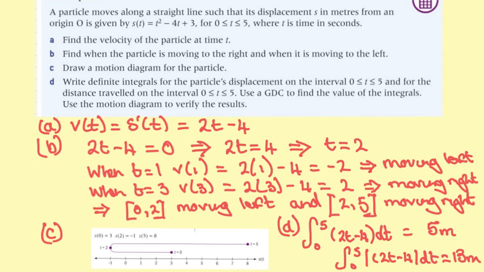The displacement is given by the integral between 0 and 5 of 2t minus 4 dt, which when you put it into your GDC gives 5 meters, and the total distance travelled is the integral between 0 and 5 of the absolute value of 2t minus 4 dt, which when you work it out on a calculator gives you 13 meters.